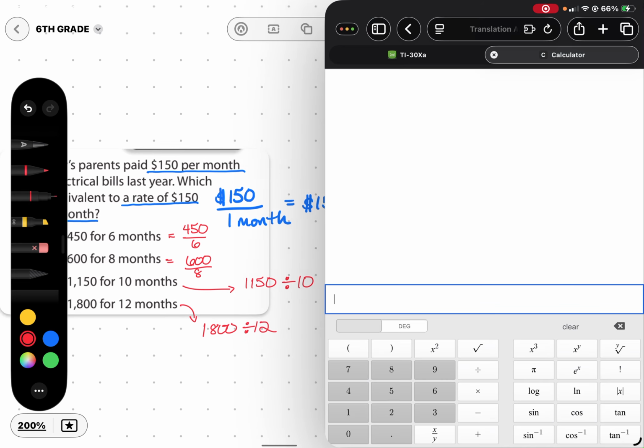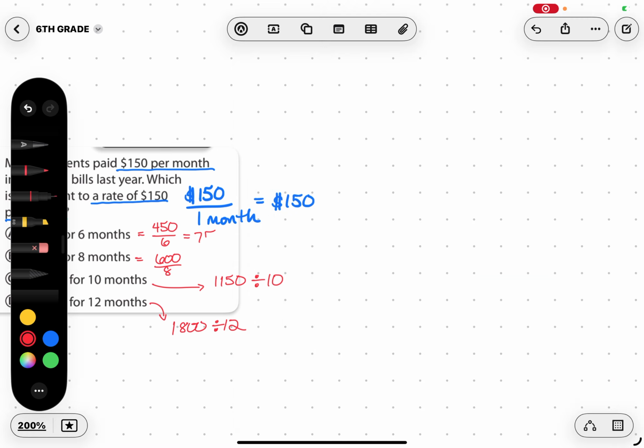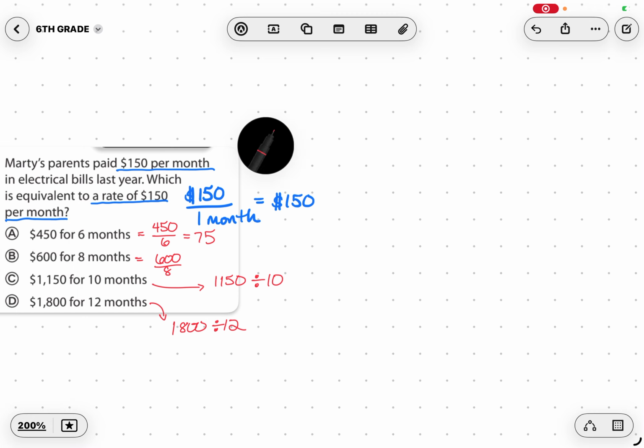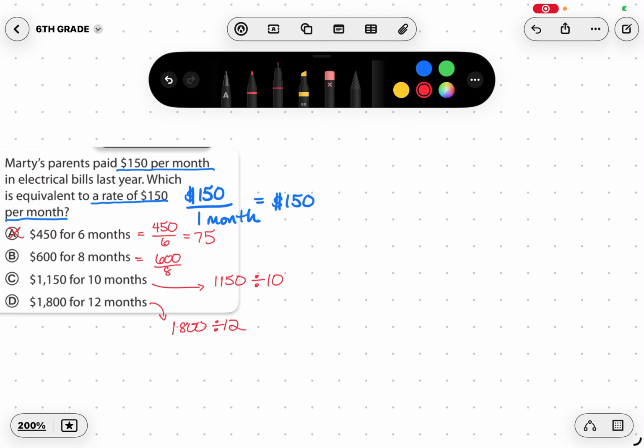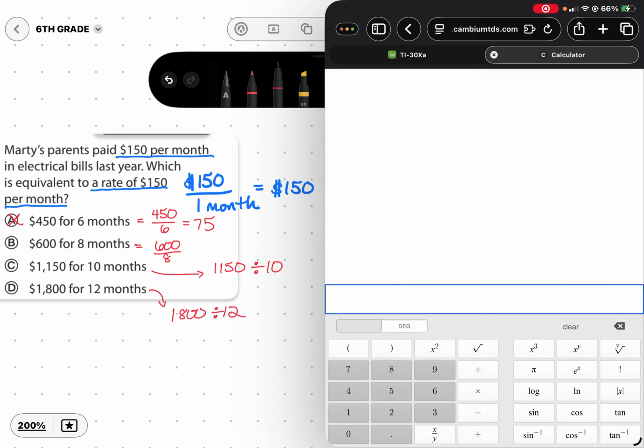So here we go. For A it was 450 divided by 6. That equals 75, which means that A is not our answer. So let's go back. Now I'm going to hit clear.